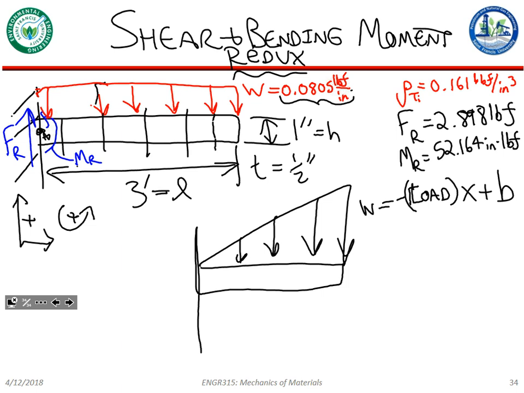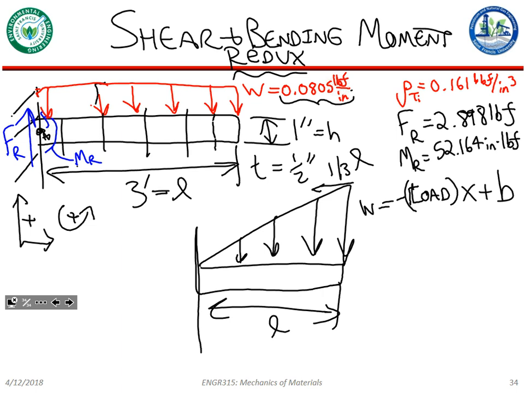The centroid of a triangle is always 1/3 of its length from the tallest part of the triangle.